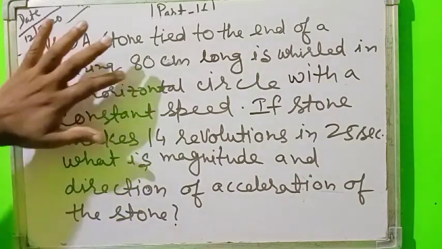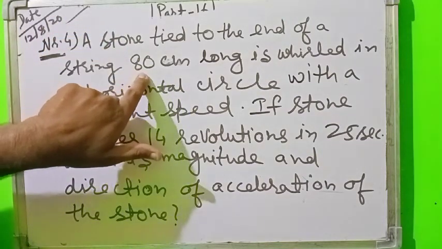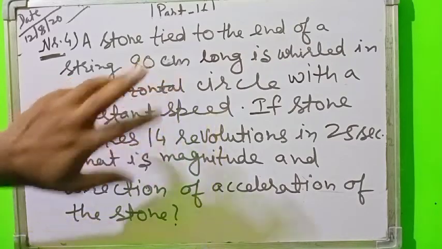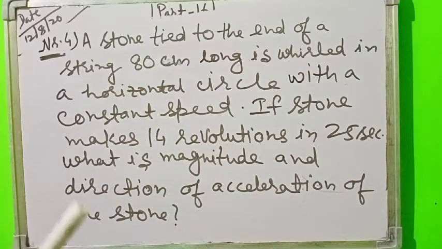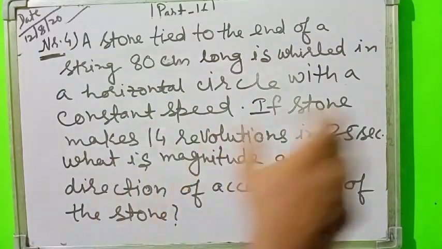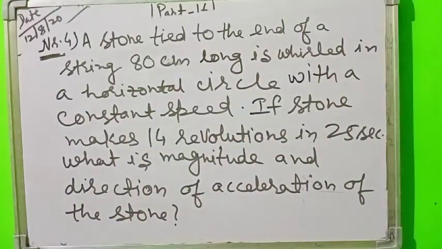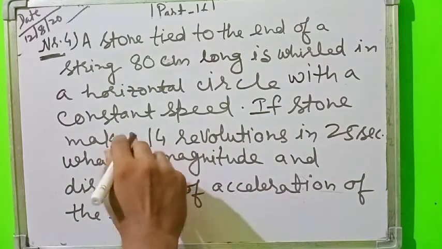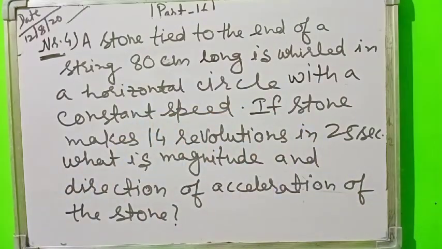First of all, we have to convert the length of the string, which is the radius of the circle. Suppose there is a string and in this way we are rotating, so the length of the string will be the radius of the horizontal circle we are making. The speed v is constant.